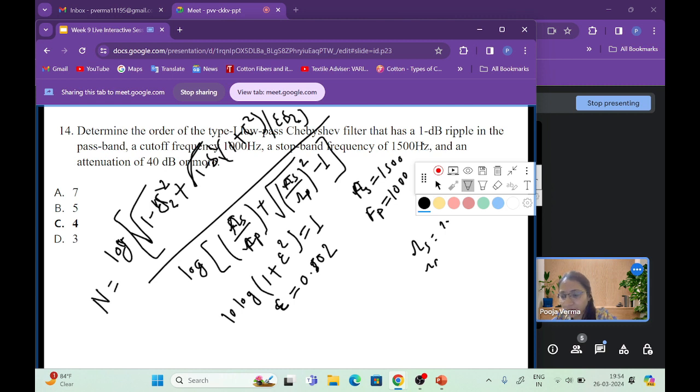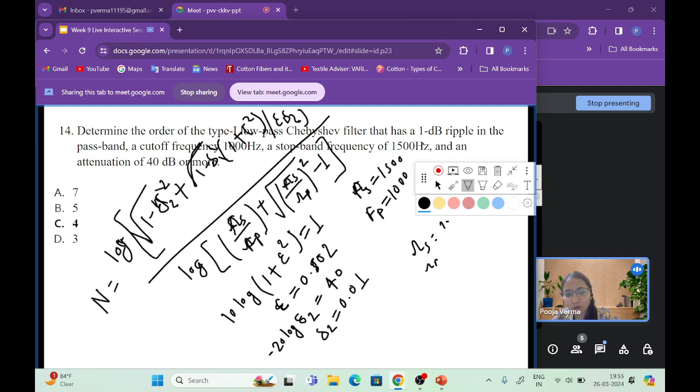Okay. Now in order to find the attenuation in the stop band, that is given as 40 dB. So 20 log del 2 is equal to minus 40 dB, so del 2 will be 0.01.